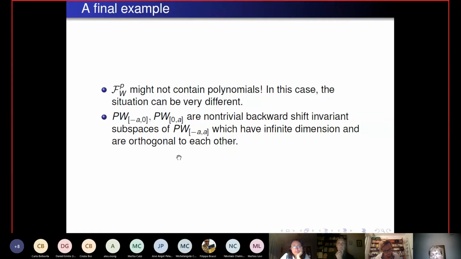So this depends very much on having polynomials. The assumption that polynomials are dense is important here.